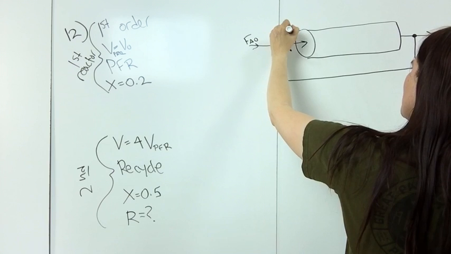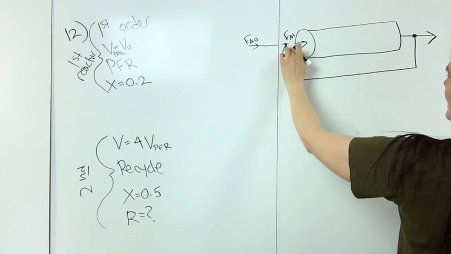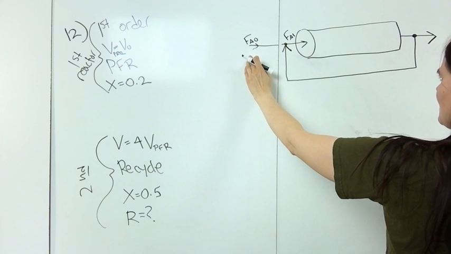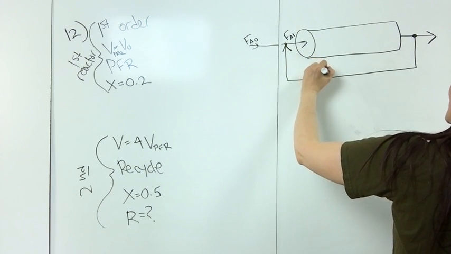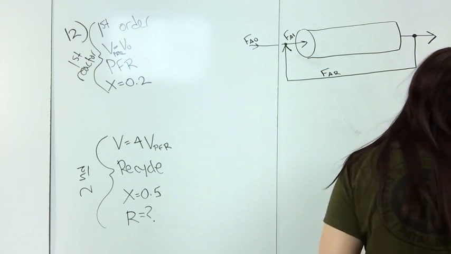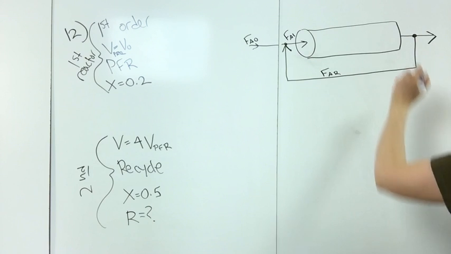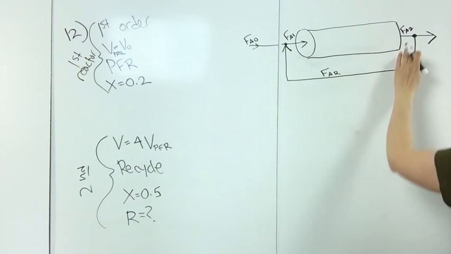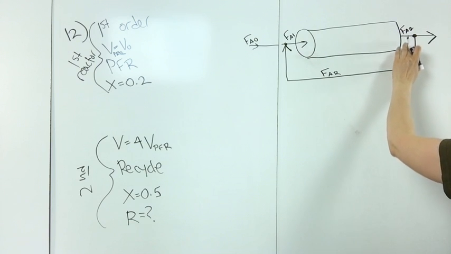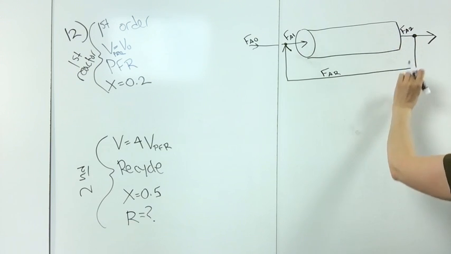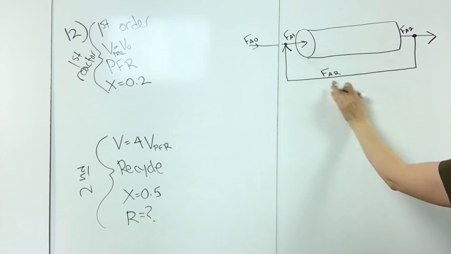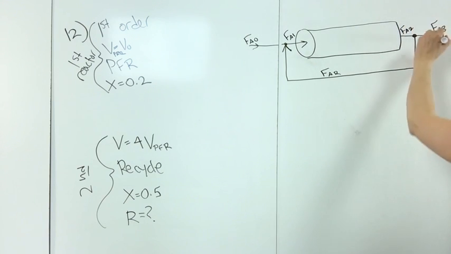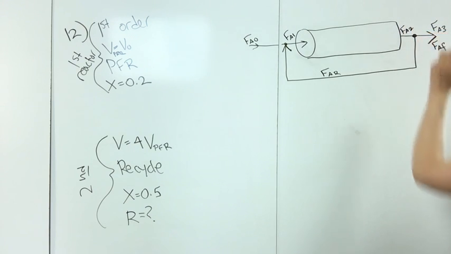And then you have a stream here that's usually called FA1, and FA1 is a combination of FA naught and this recycle stream, which is usually called FAR. And then coming out, you usually have FA2 immediately, and FA2 splits into FAR and this final stream, which can either be called FA3 or FA final.